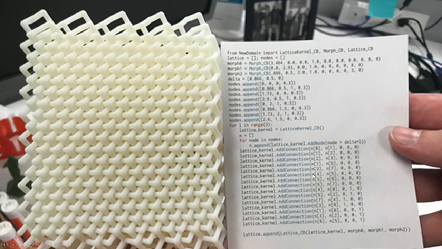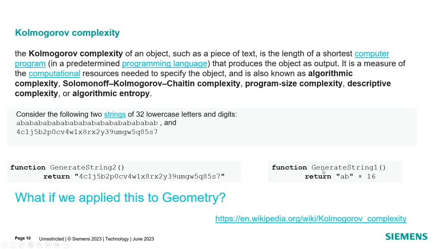The idea is, what's the smallest program you could write to reproduce that string of characters, at least in this case. And the easiest one is you simply write a function that returns that string, right? But if there's some pattern, some information there that you can use, you can really take advantage of it by writing a function that, in this case, it's AB.